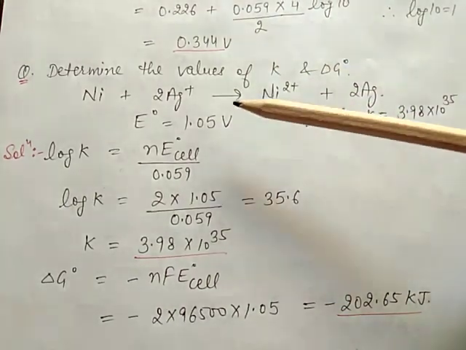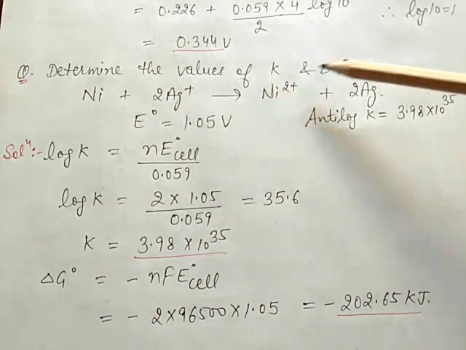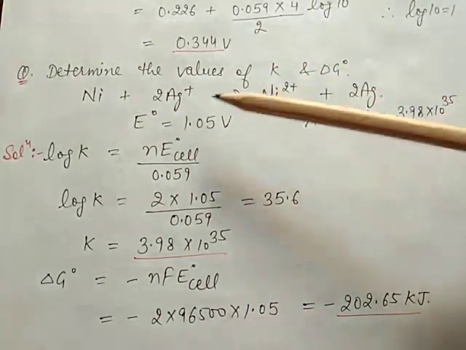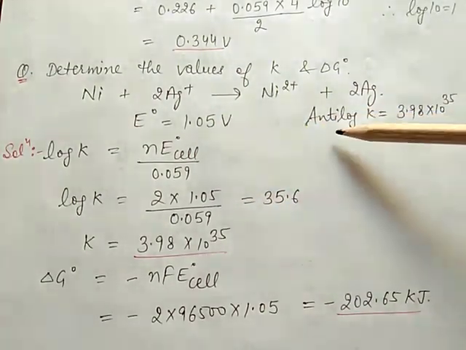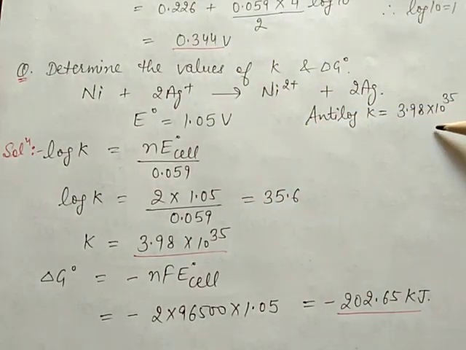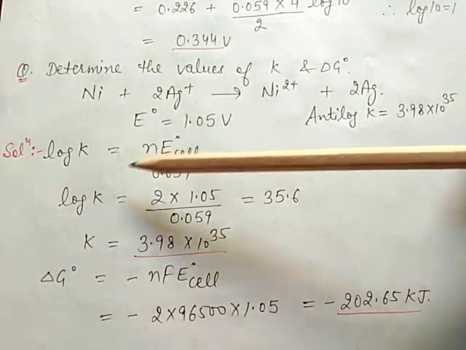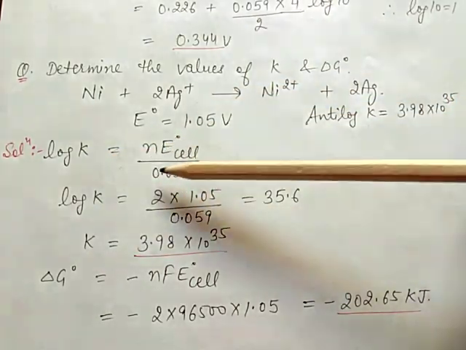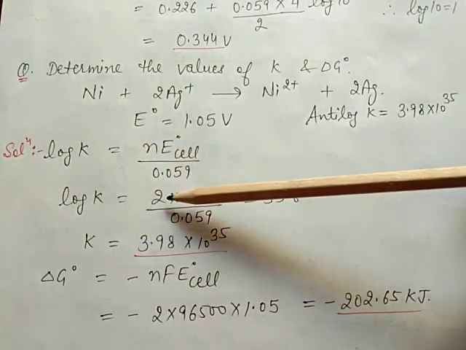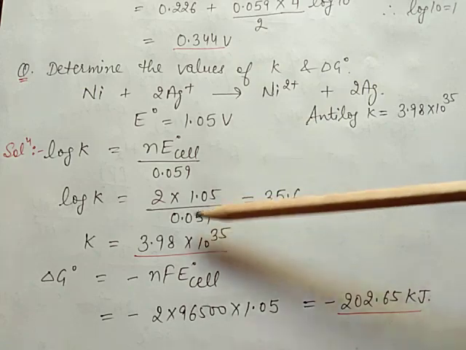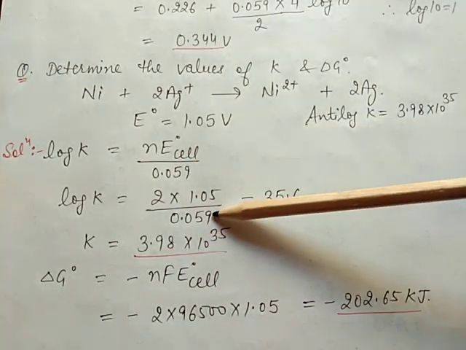Now the next numerical: determine the value of K and delta G naught, means equilibrium constant and Gibbs free energy. This equation is given, E naught cell is given. Log of K is equal to n E naught cell divided by 0.059. Log of K is equal to 2 multiplied by 1.05 divided by 0.059.